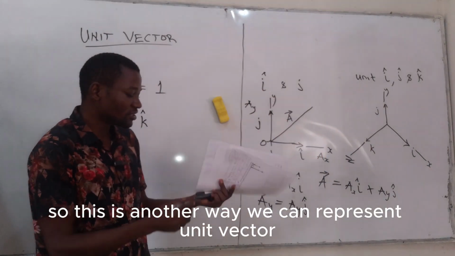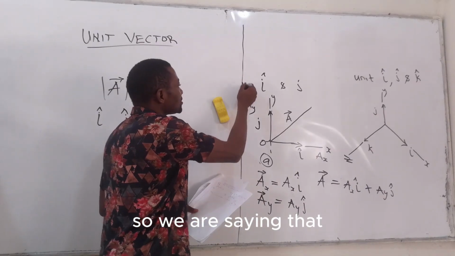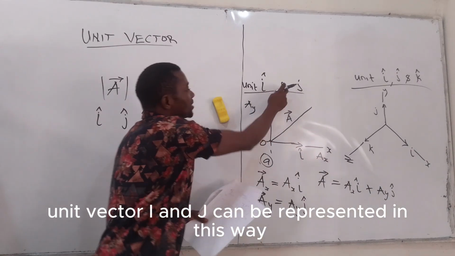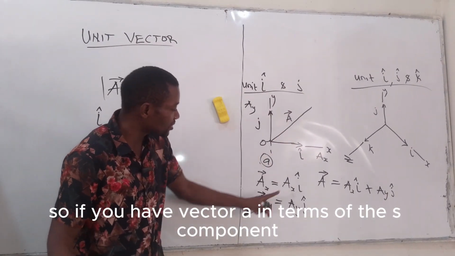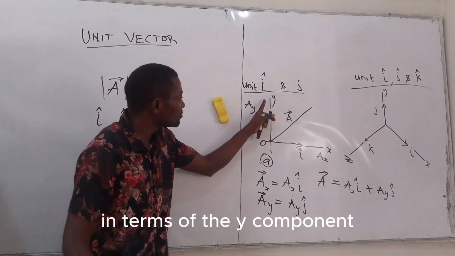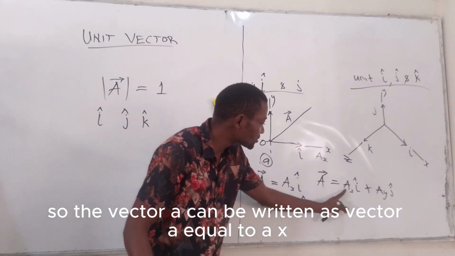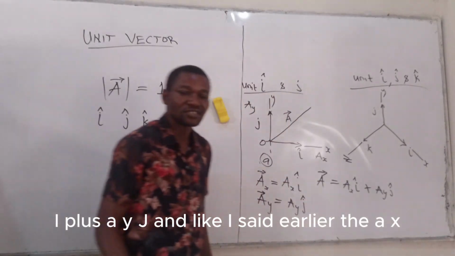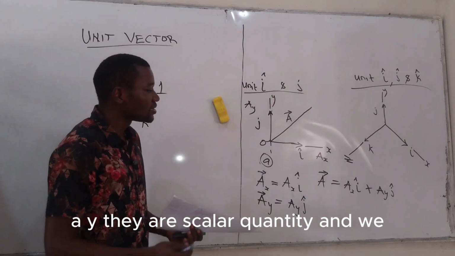So vector A can be written as vector A equal to axi plus ayj. Like I said earlier, the ax and ay are scalar quantities.